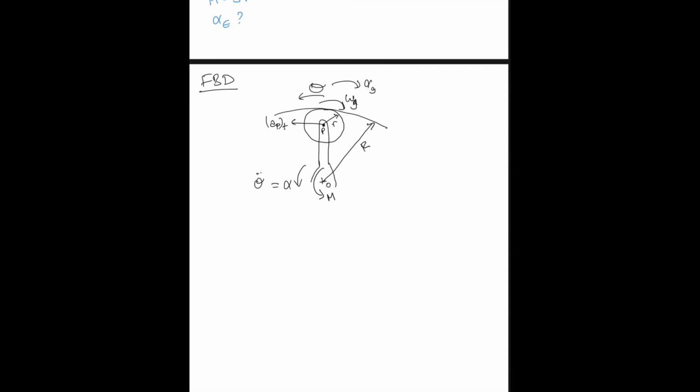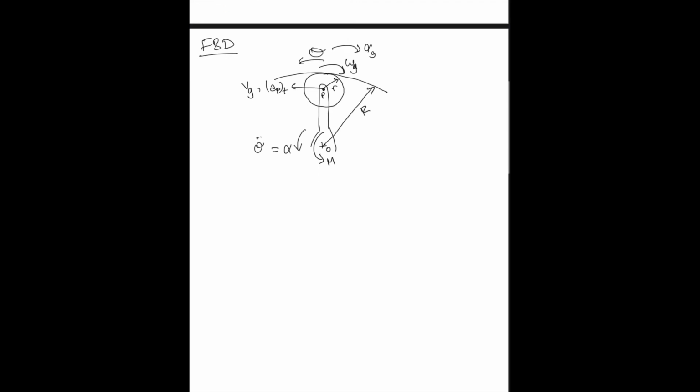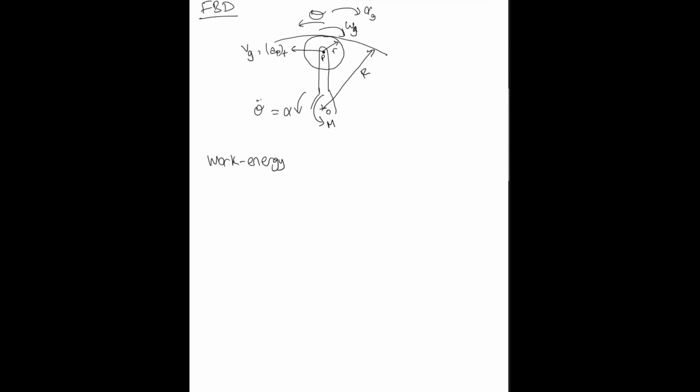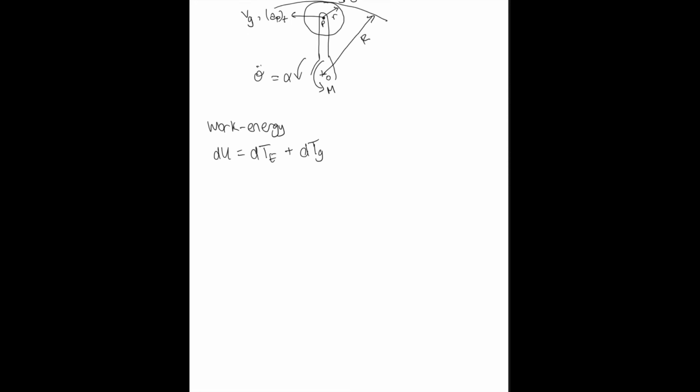Now that we're done with our free body diagram, we're going to go on to our work energy equations. We know that dU is equal to dT_E plus dT_G, where G is the gears.